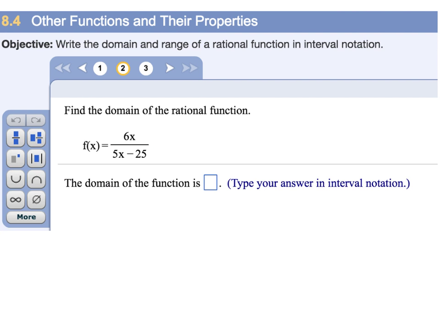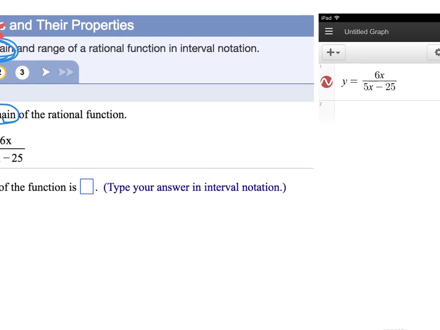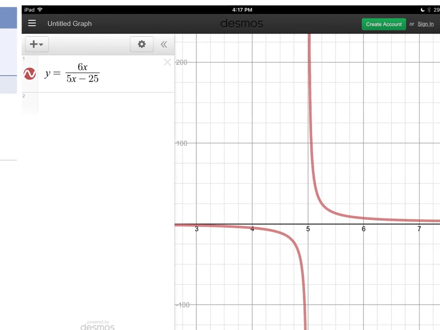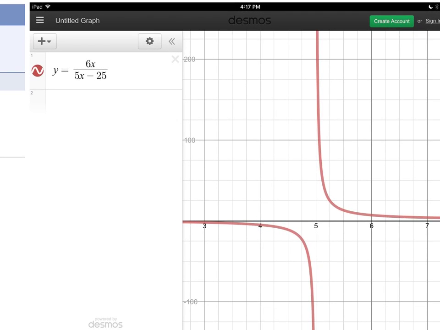All right, so we are being asked to find the domain of this function. Remember that domain is all the values that x is allowed to be. What I like to do is take that equation and put it into Desmos. I'm going to graph it over here in Desmos, and you'll get this really cool graph.